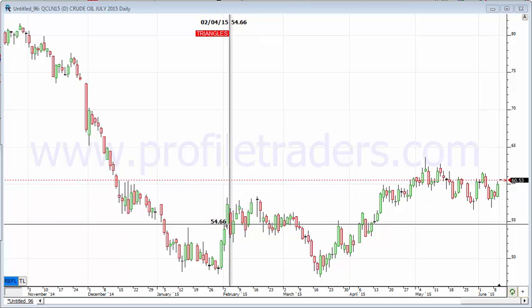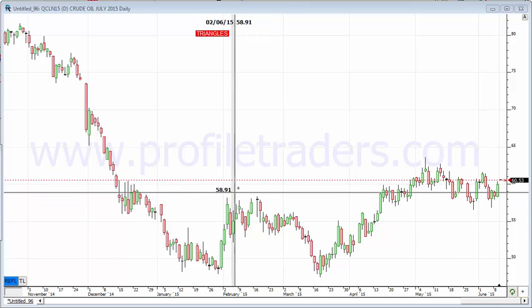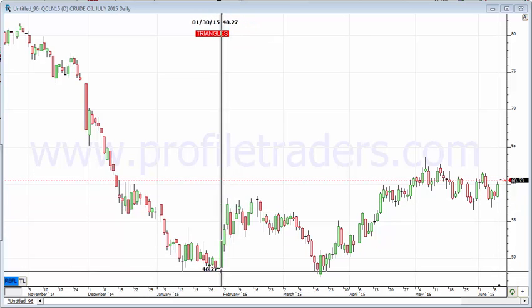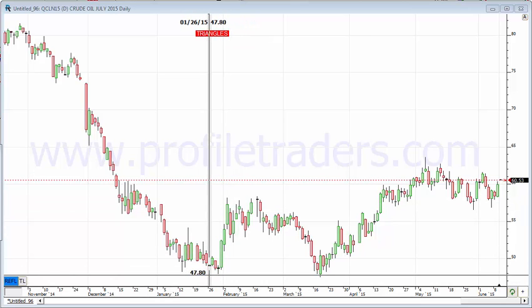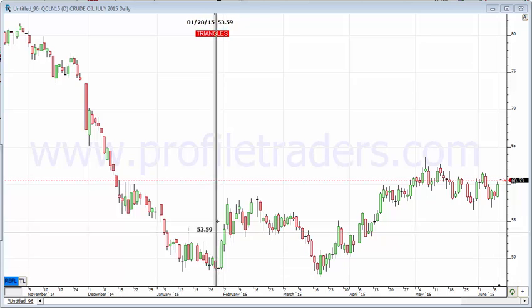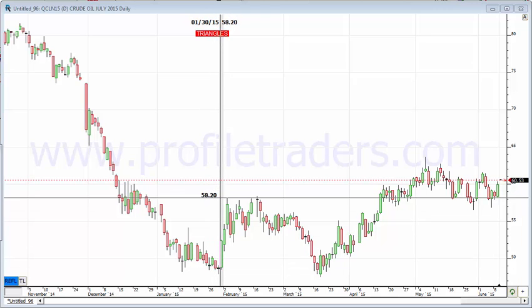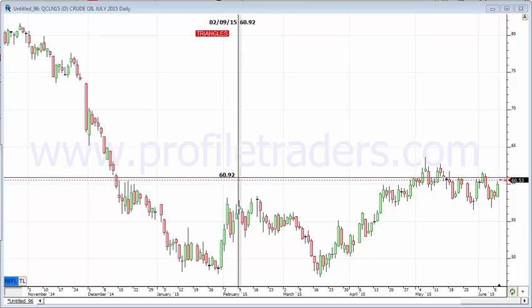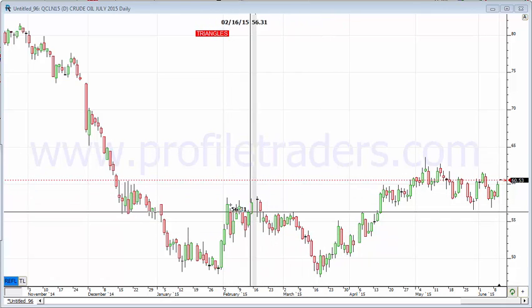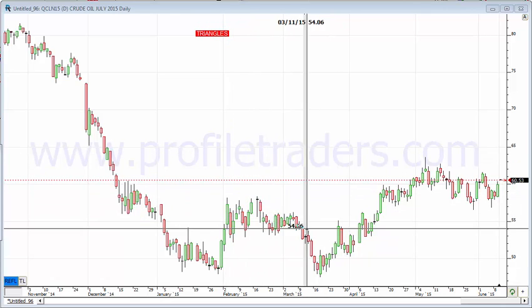After the response to the upside, the rally was quite significant, going from $48 all the way to $58, so it paused and formed a sideways rotation here.